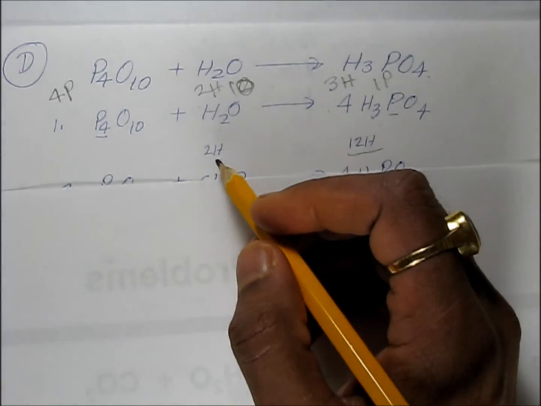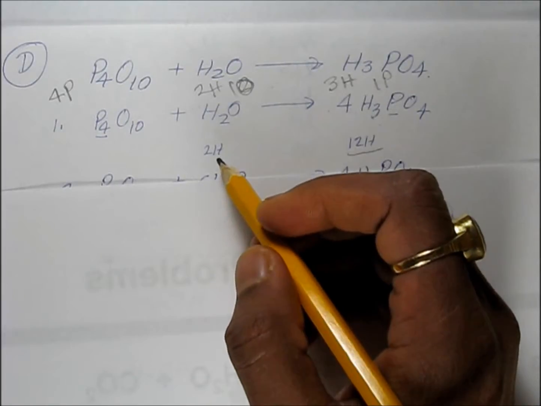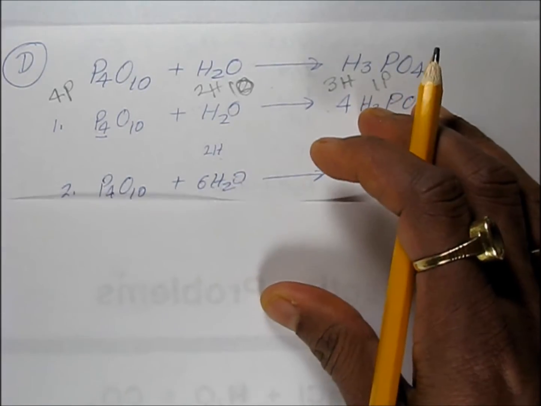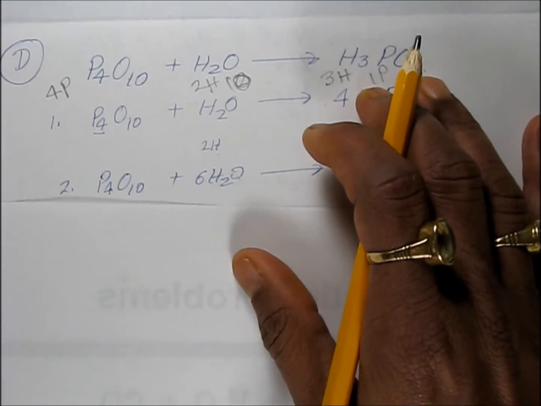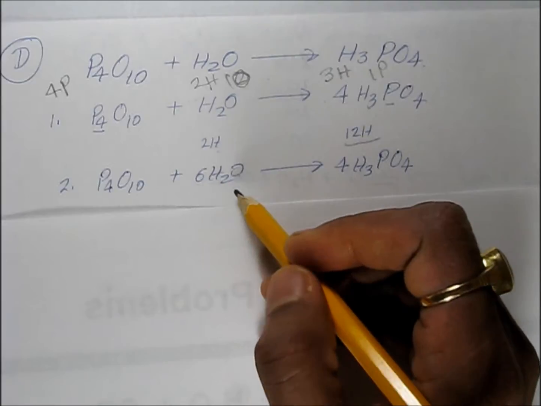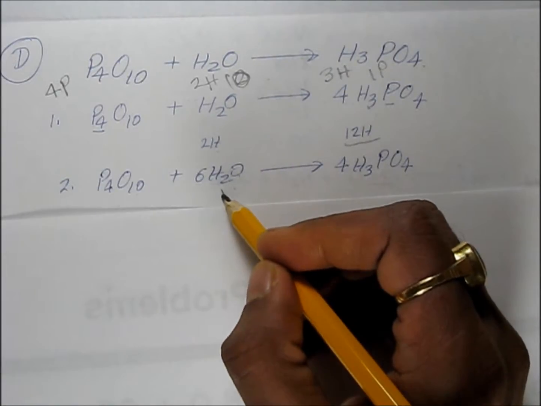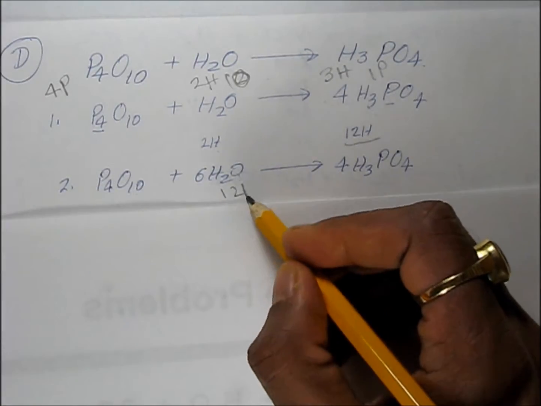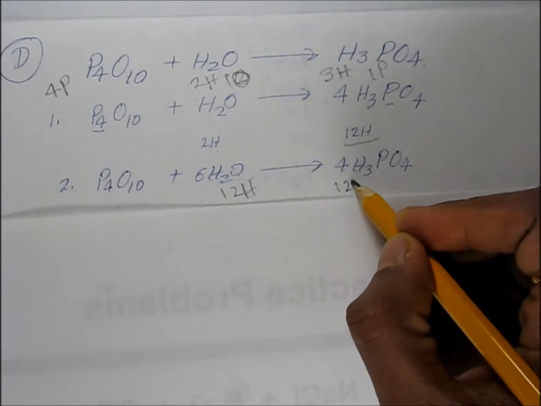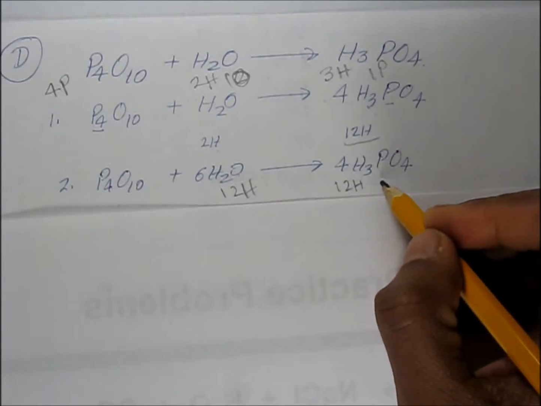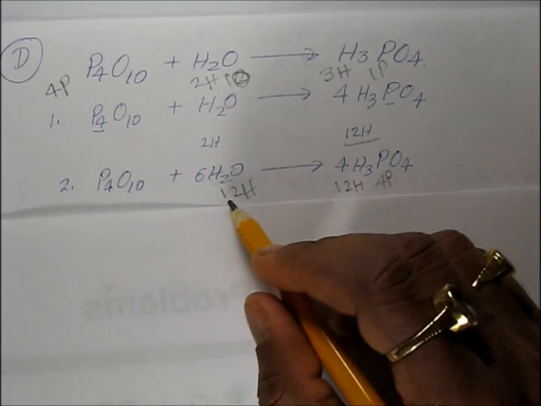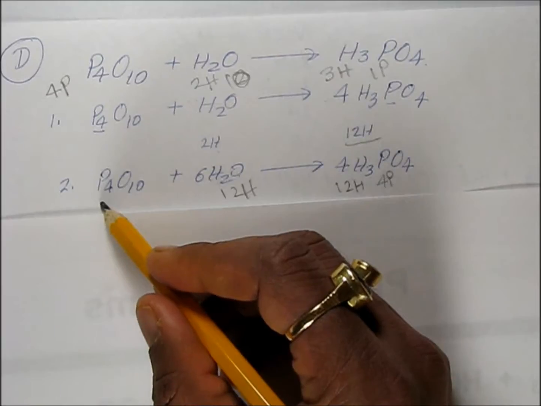So basically you just multiply by 6, then everything will be balanced. When you add 6 in front of the water molecule, 6 multiplied by 2, 12 hydrogen, and 4 multiplied by 3, 12 hydrogen, and 4 phosphorus are also here.